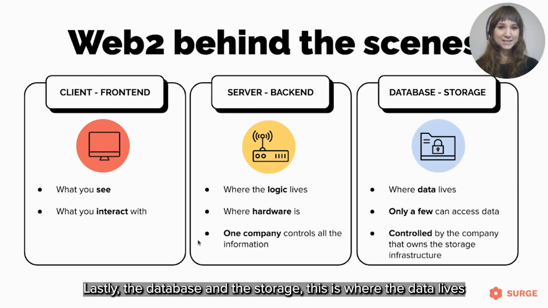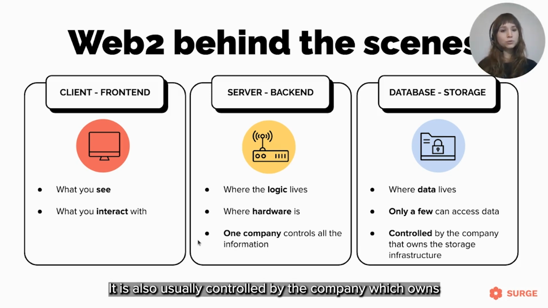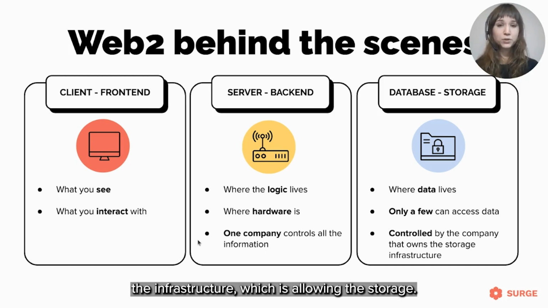Lastly, the database and the storage. This is where the data lives, and this is also a place that can be only accessed by a couple of people or a couple of devices. It is also usually controlled by the company which owns the infrastructure, which is allowing the storage.